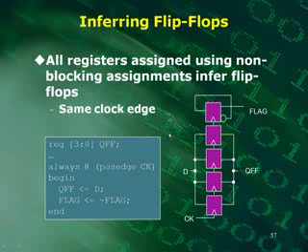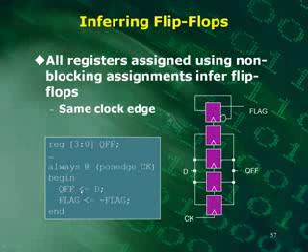So all registers assign using non-blocking assignments for flip-flops, and they use the same clock edge. Here we have an example of QFF being 4 bits wide. Remember in my example before the lecture, I had a state machine that I was writing, and it was 2 bits wide. So here's the way we do this. So always at posedge clock, that's this.